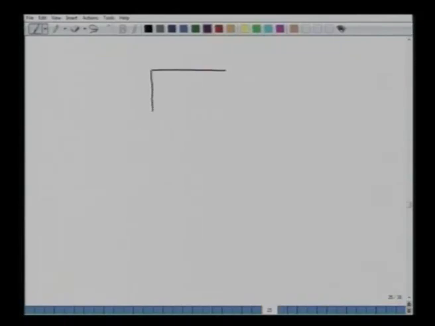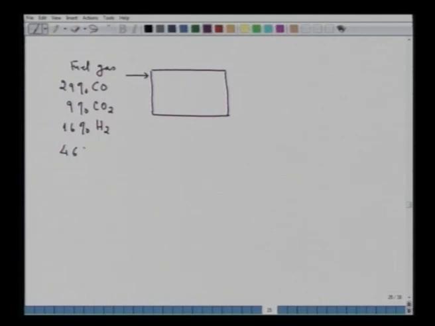Here a fuel gas of composition, say 29% CO, 9% CO2, 16% H2 and 46% nitrogen is given to us.